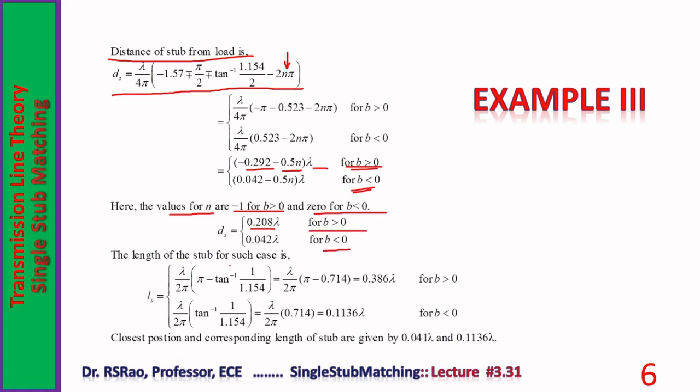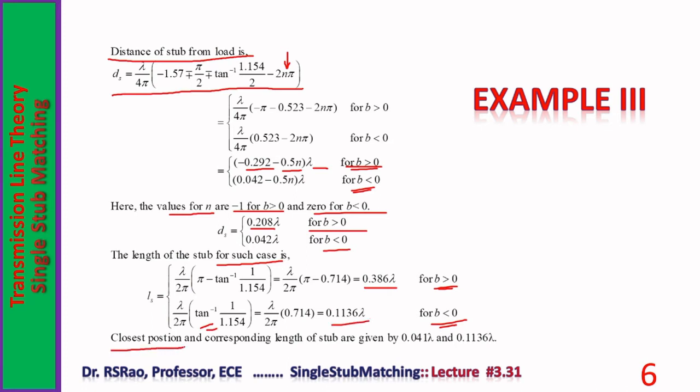The length of the stub in this case is lambda S equals lambda by 2 pi times (pi minus tan inverse of 1 by 1.154). Now it becomes 0.386 lambda for B more than 0. For B less than 0, using the formula shown here, it can be computed as 0.1136 lambda.